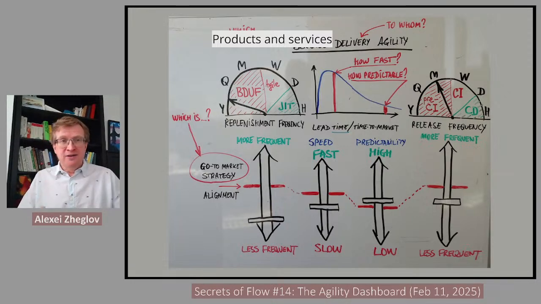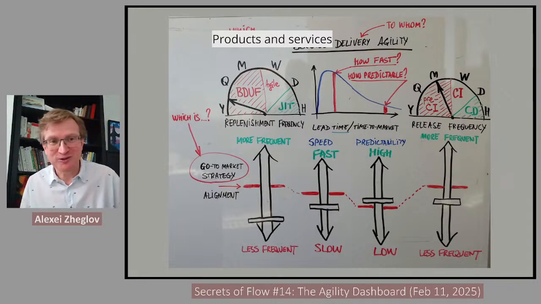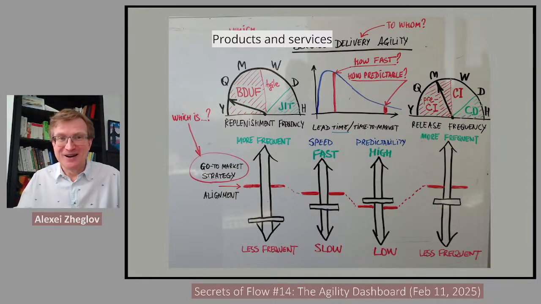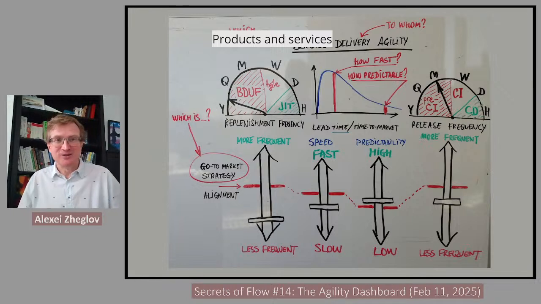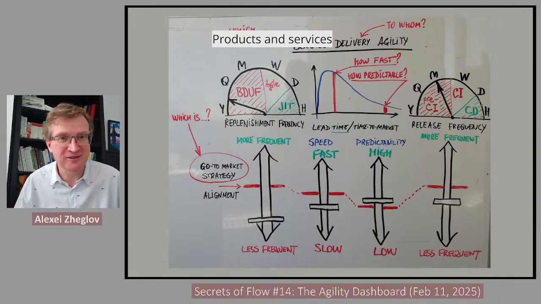Then on the release frequency, that's basically, okay, well, you've run your experiment and you learned something. How do you use this validated learning? Okay, if you have a quarterly planning meeting, you basically batch all your validated learning for a quarterly release. This isn't very agile, in plain sense.